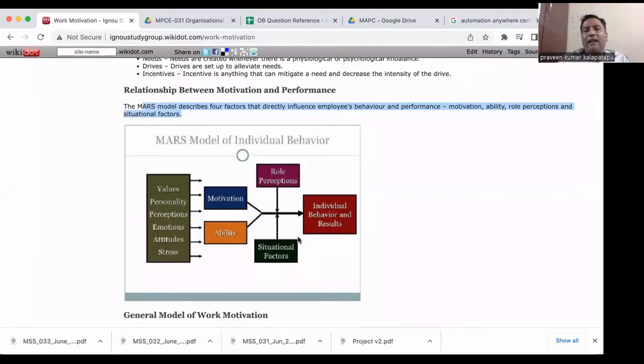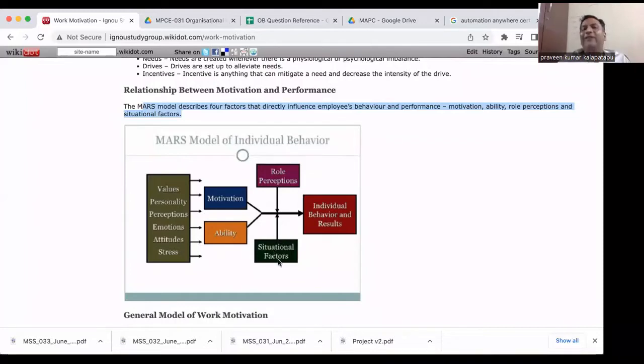You might be highly motivated to go to a lecture. I'm giving an example of a situational factor. You are highly motivated to go to a lecture, you are capable of understanding what that lecture is going to talk about, and you are also clear about what you need to do to understand that lecture. But while you are going to that lecture, some dog chases you and you couldn't reach the class, right?